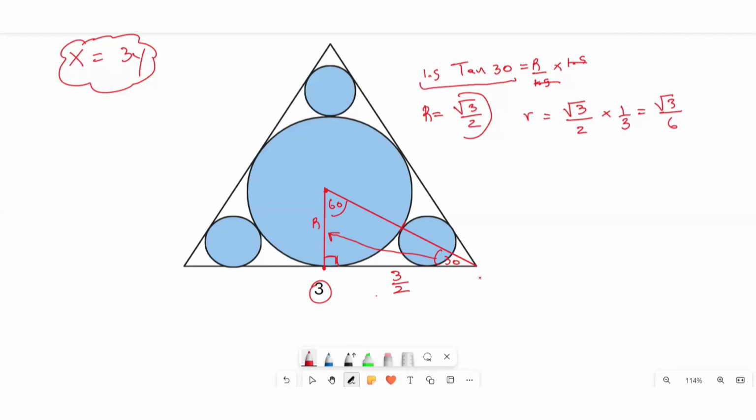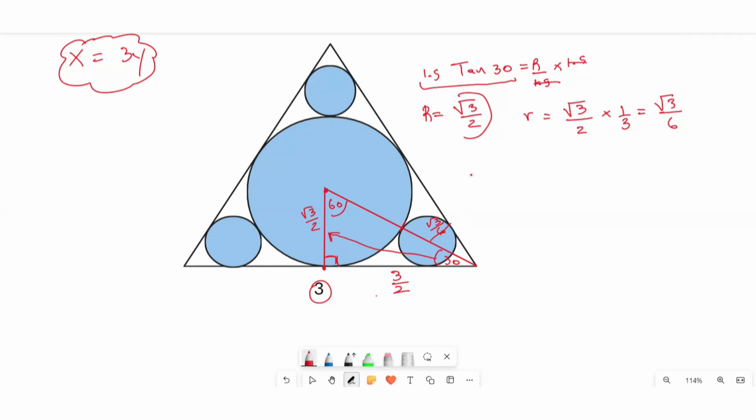I now have the radius for the small circle, root 3 over 6, and for the bigger one, the radius is root 3 over 2. I could now find the areas for the shaded part.